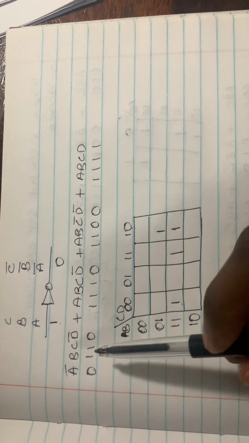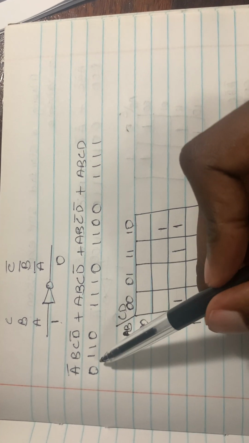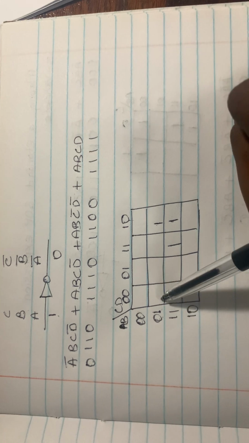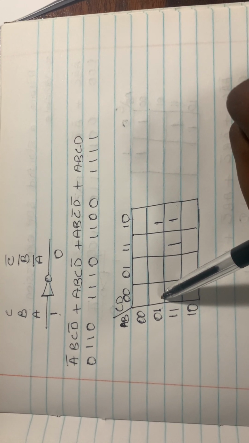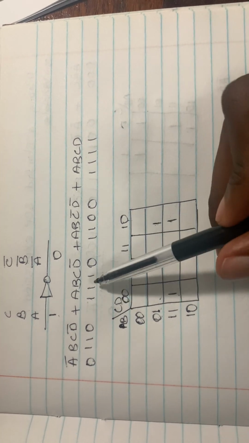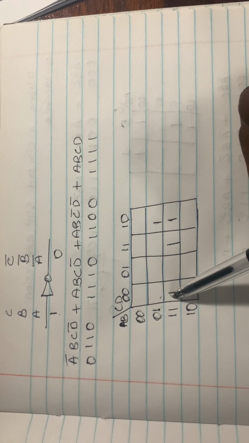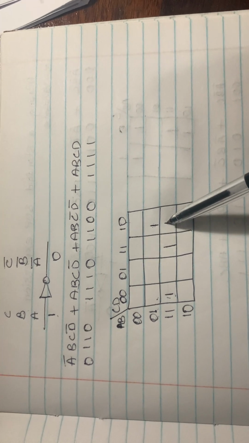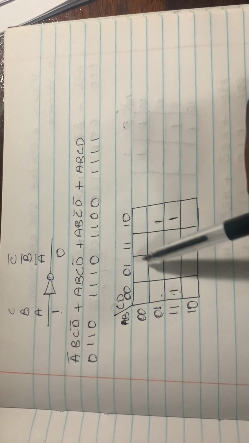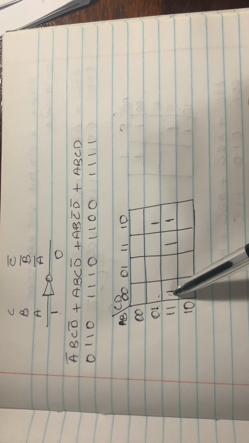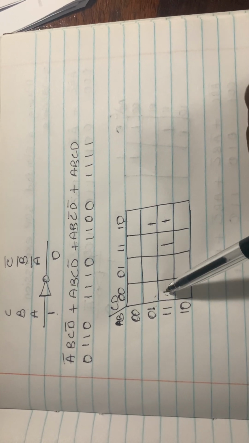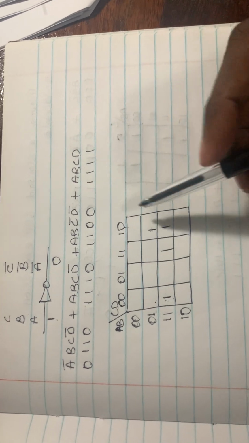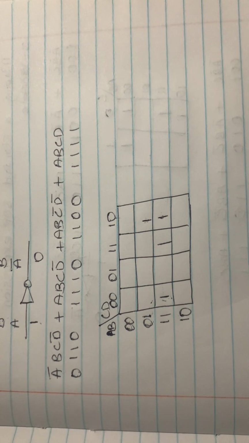If we double check, AB is 0 1, but now CD is 1 0, so it will be here. Now AB is 1 1 and CD is 1 0, so it will be here. So it's correct, and this one is correct also. And here AB is 1 1 and CD is 0 0, so it will be here. And then AB is 1 1 and CD is 1 1. So yes, it's supposed to be like this.